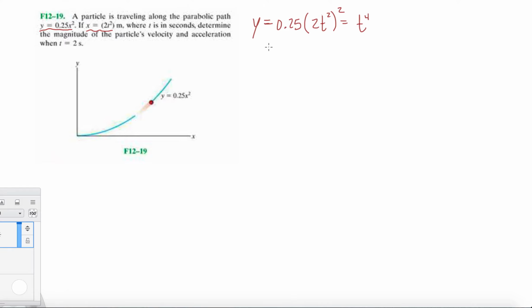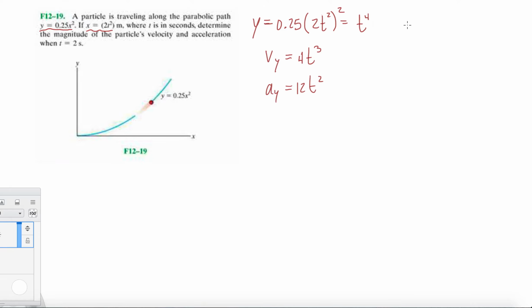Okay, and then I know I need my velocity and acceleration in the y direction and the x direction. So let's just calculate that right away. Take one time derivative of the y position. So that's 4 t cubed, one more derivative, 12 t squared.